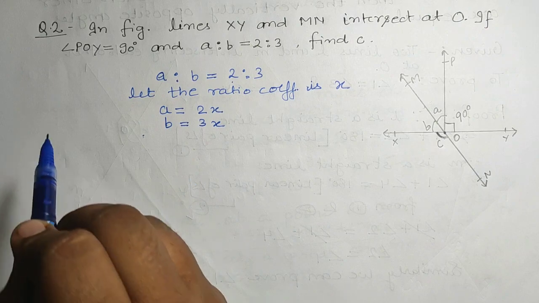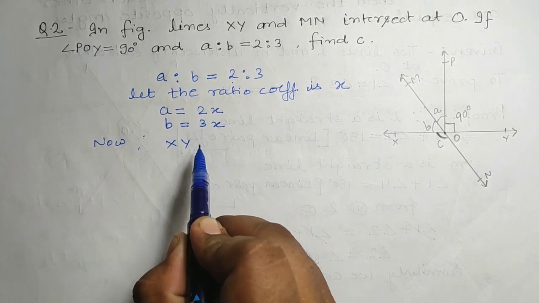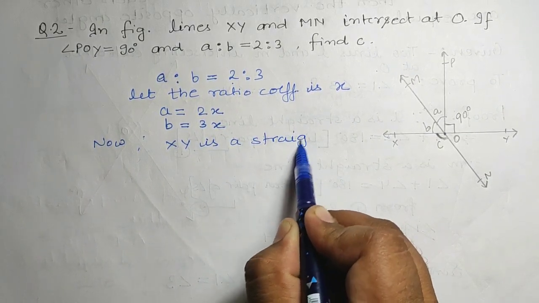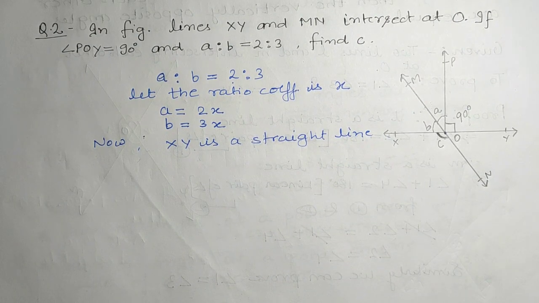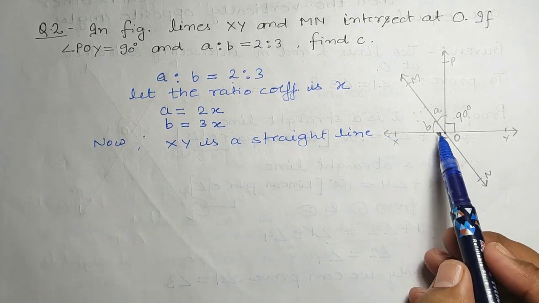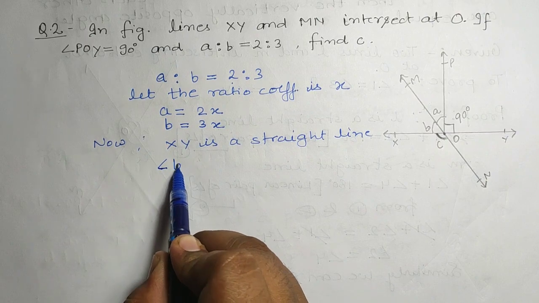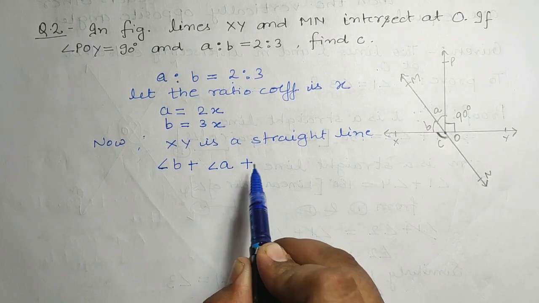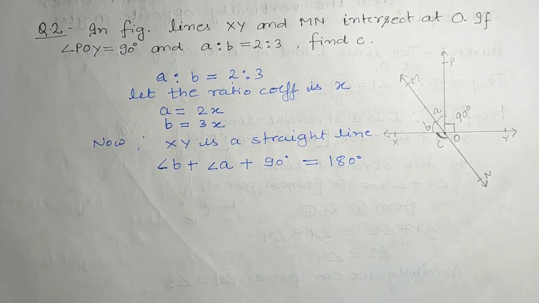Now, in the question it is given that XY is a straight line. Then the angles on one side of XY, that means angle B plus angle A plus 90 degrees, should be equal to 180 degrees.